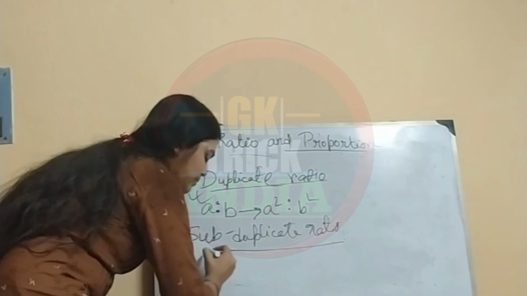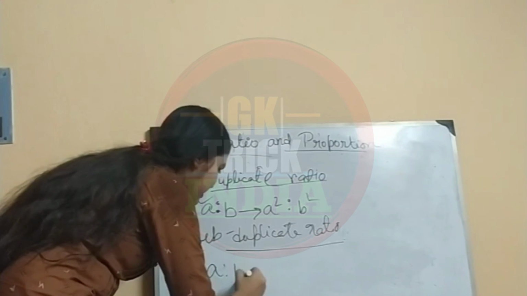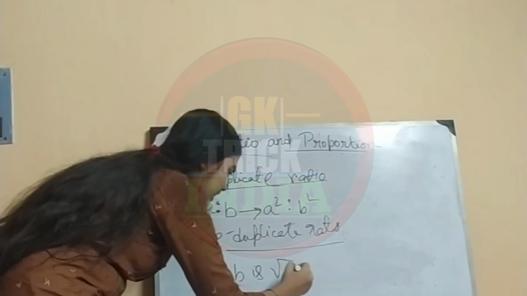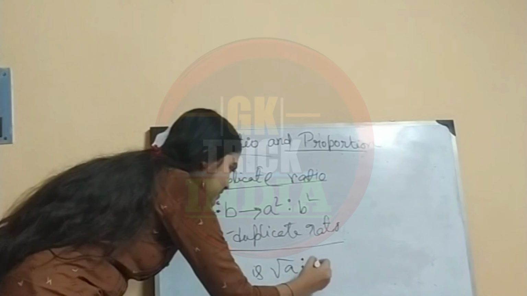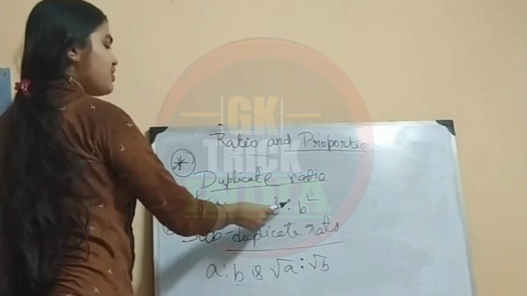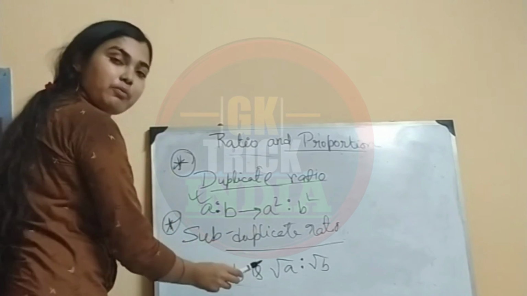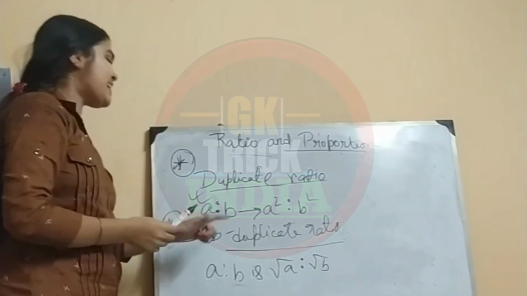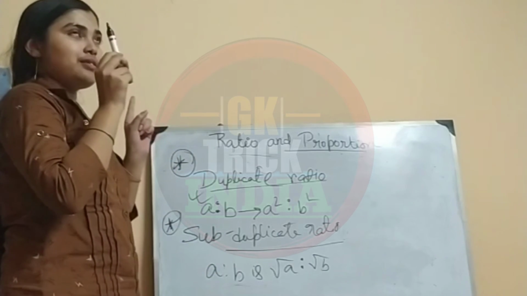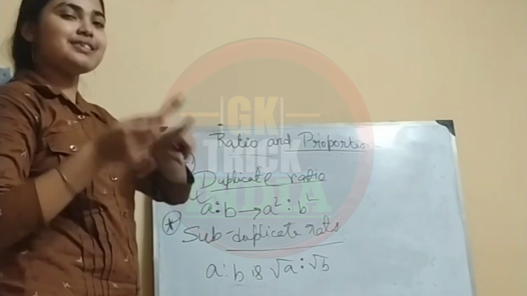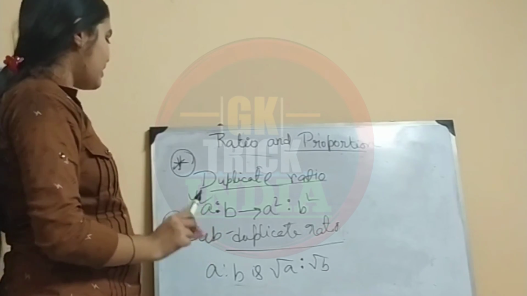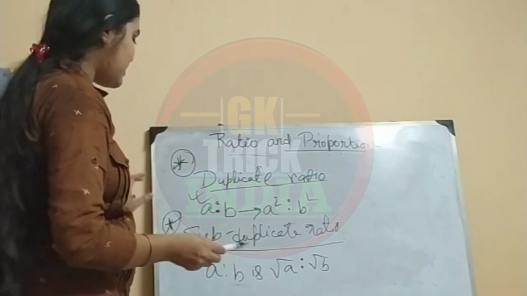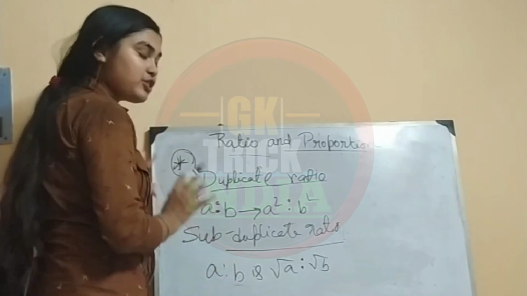The sub-duplicate ratio of A is to B is root A is to root B. That means duplicate ratio is the square of both the terms and sub-duplicate ratio is the square root of both the terms. That is, the sub-duplicate ratio of 9:16 is 3:4. It's very simple to remember.